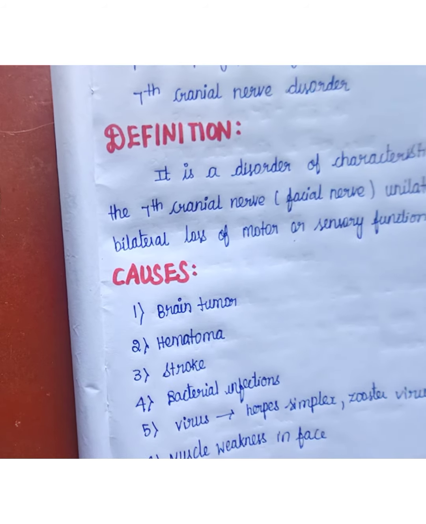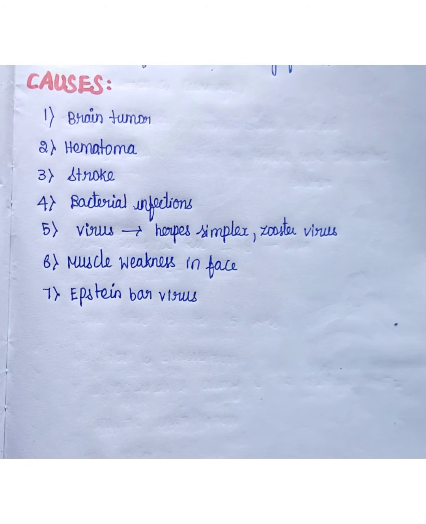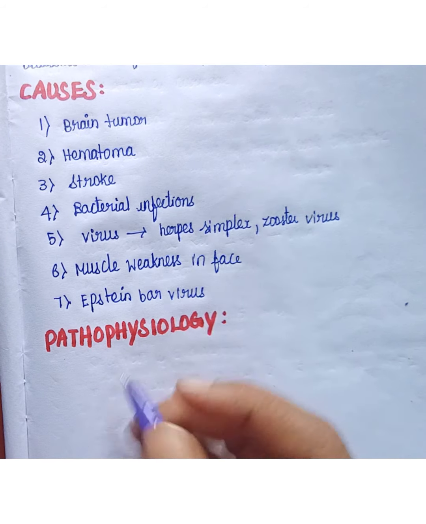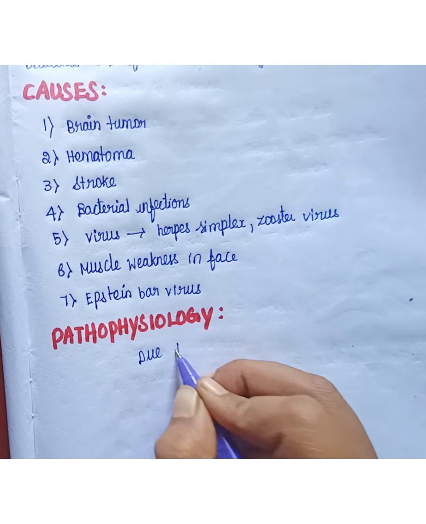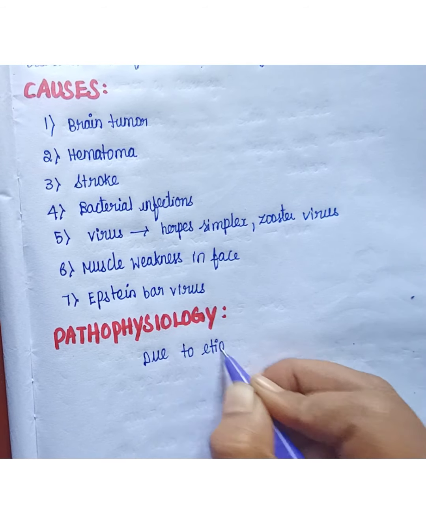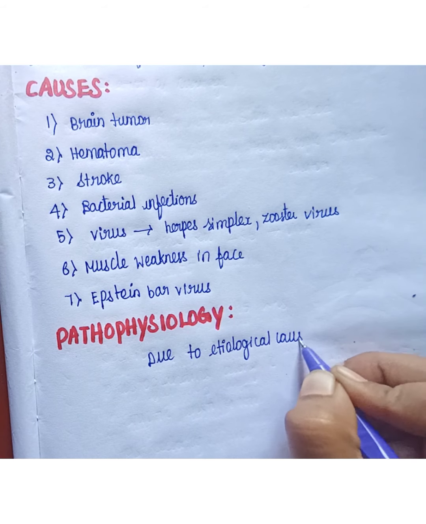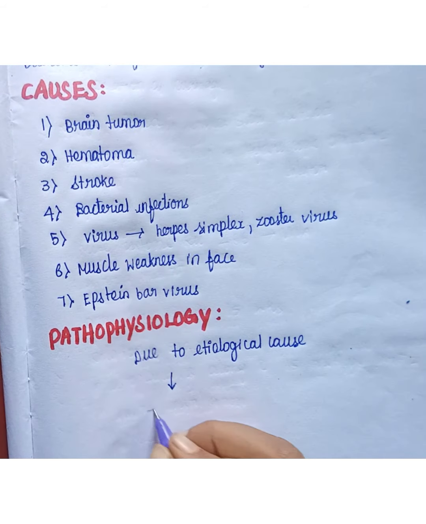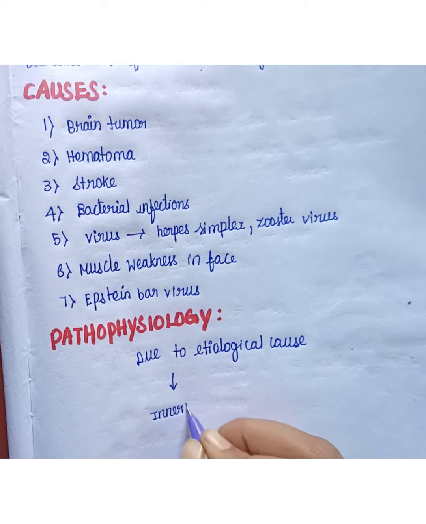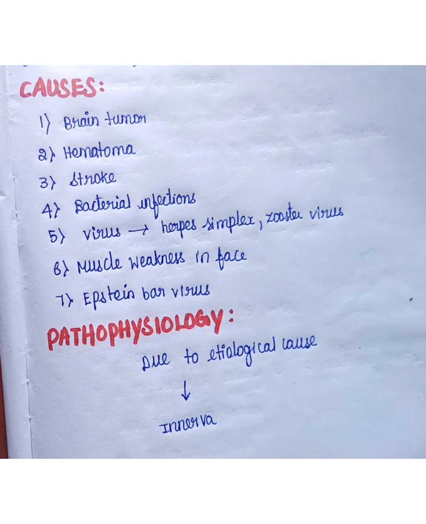Next we are going to see pathophysiology. In pathophysiology, due to etiological causes, it leads to innervating of the muscle. Innervating means supply with the nerve.